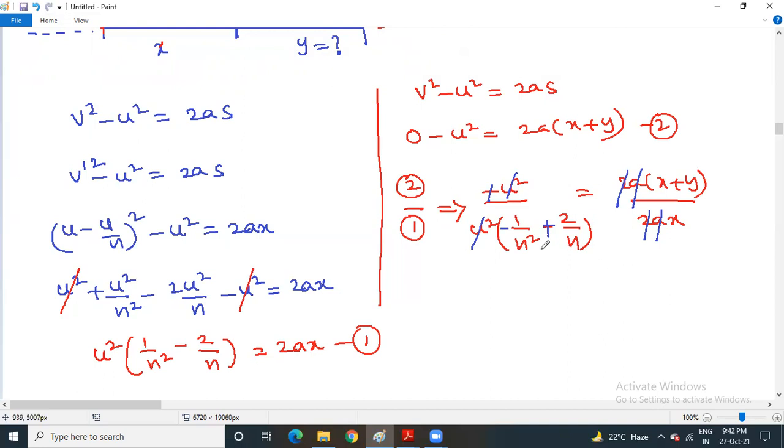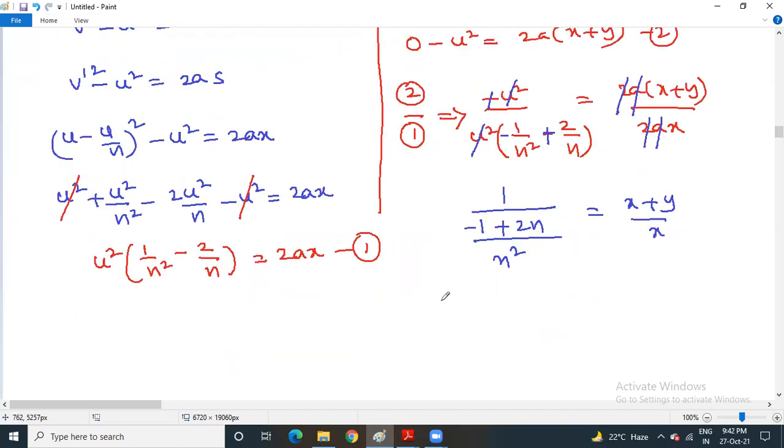Now take n square as the LCM: you will get minus 1 plus 2n here, so n square divided by 2n minus 1 is equal to x plus y by x. I can write this as 1 plus y by x, because x by x plus y by x.